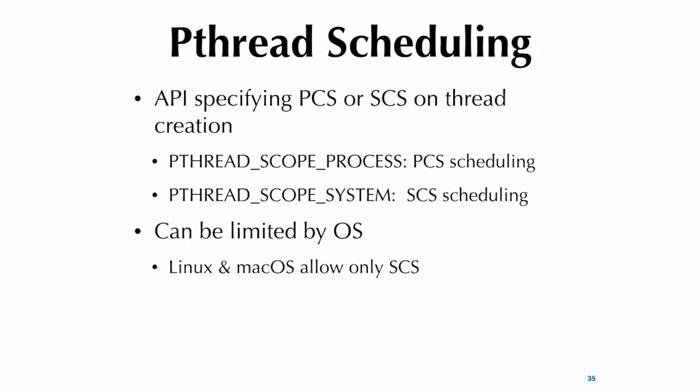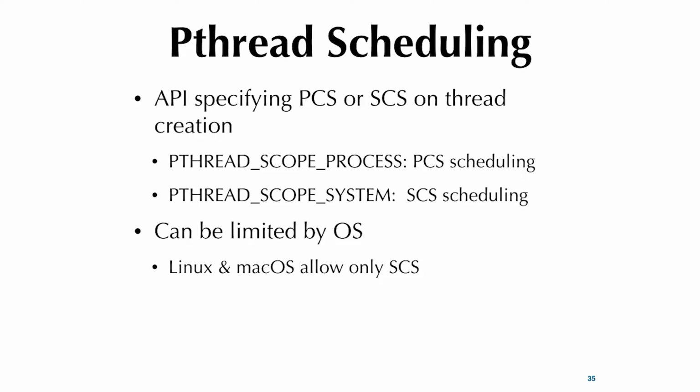And for pthread scheduling, you could actually pass an additional flag to say if you want your thread to compete within the process or at the system level, right? And so it's implementation dependent, but really POSIX threads just say, okay, this is a spec, and you implement it in a way consistent with this, but you don't have to support it.